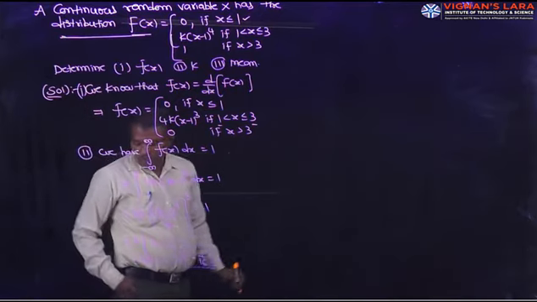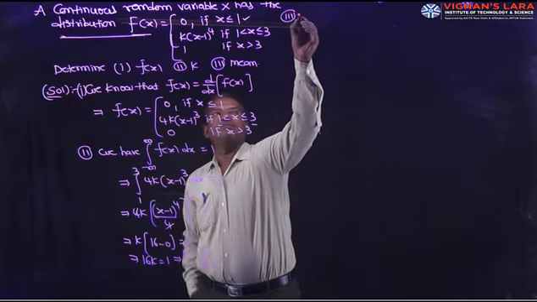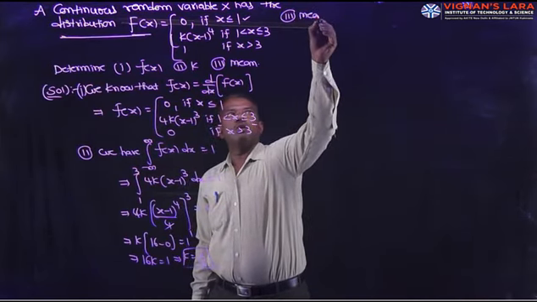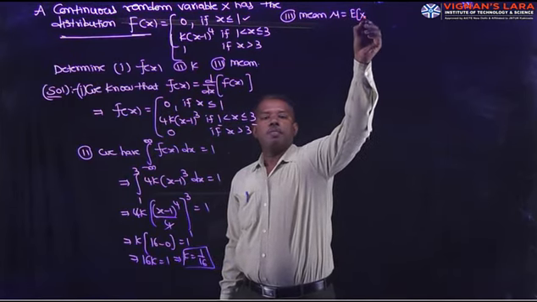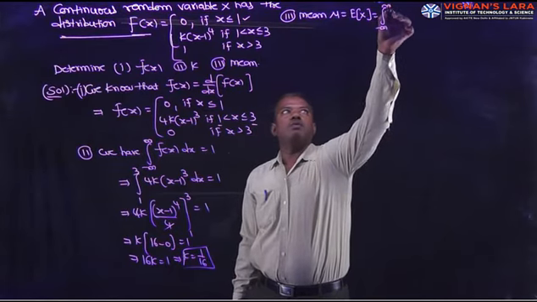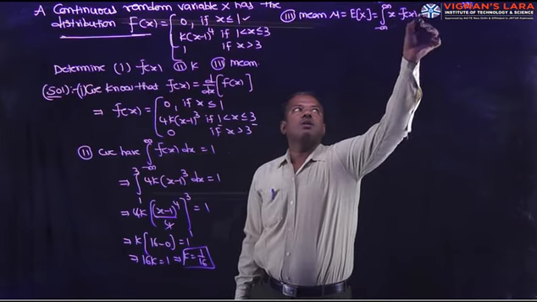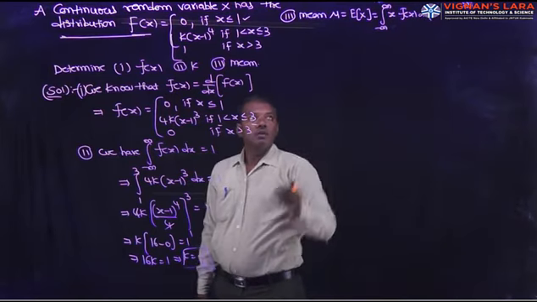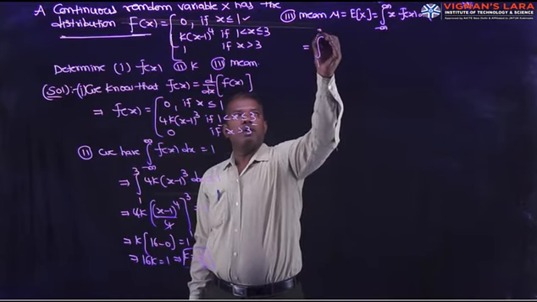Then coming to the third one, the mean of the distribution. Mean mu is equal to E of x. What is the formula for mean? Integral from minus infinity to plus infinity of x f of x dx. Here the lower limit is 1 and the upper limit is 3.